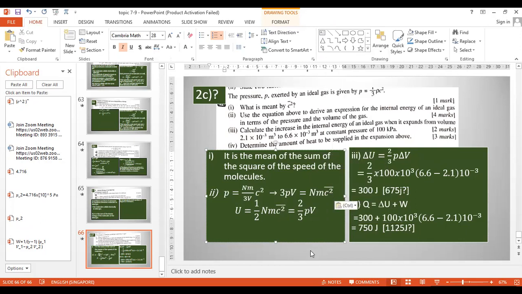Have I done something wrong? I just need to half this one, so it should be 3 over 2, sorry. The internal energy is half N m c square. So from here, N m c square, I take my 3V across, I got this equation. So I half here, then I get this one. Any question? Have I done something wrong?